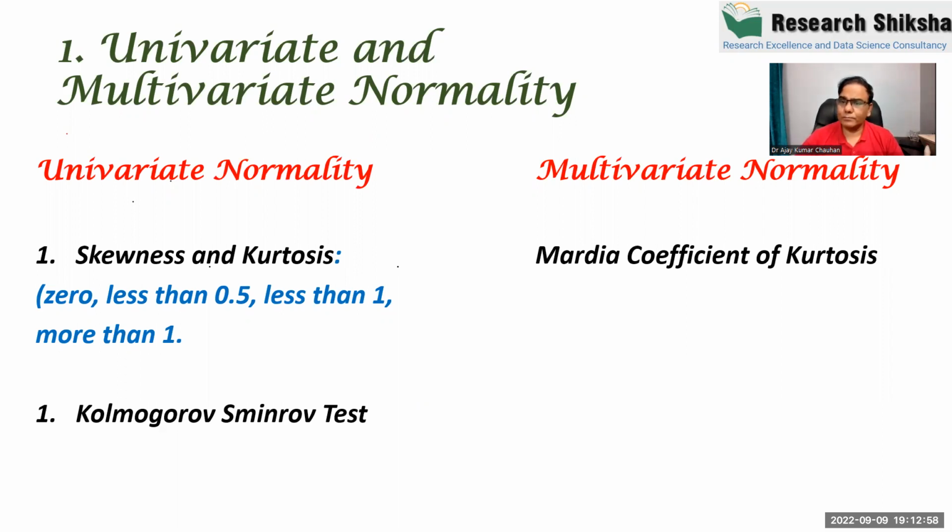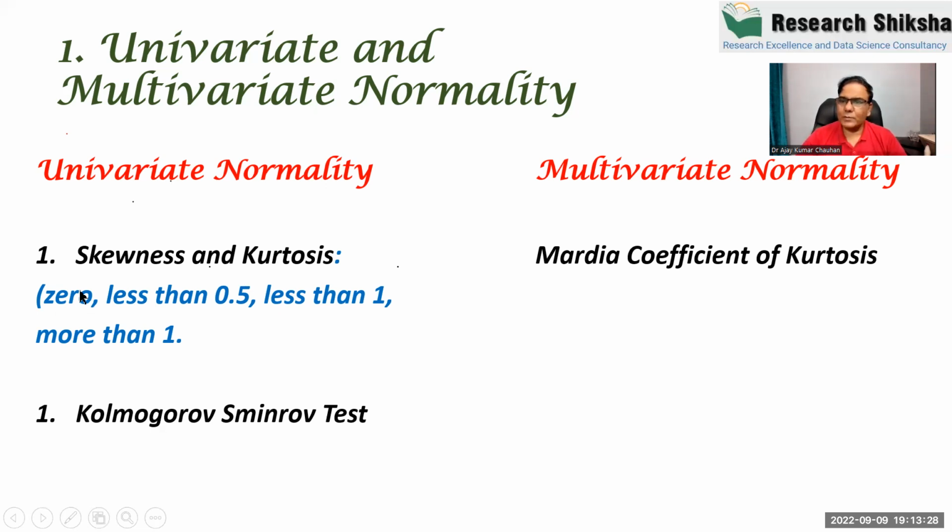You can consider 2. But when you calculate from the software, it is given with respect to 0. Whether you are calculating from SPSS or AMOS or PLS, the 0 is the ideal value. So it is called adjusted skewness and kurtosis. So the software is giving you with respect to 0.